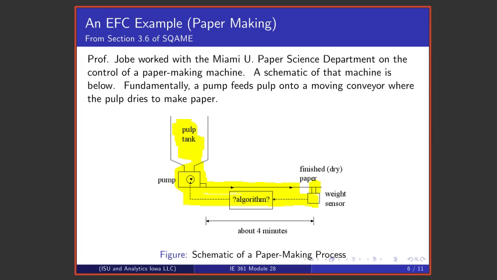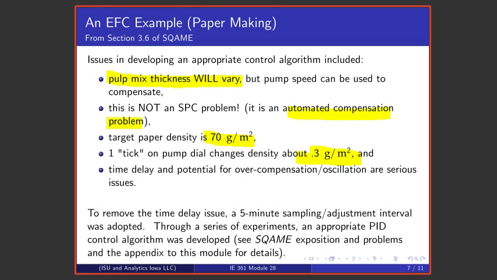A particularly difficult issue here is that there was about a 4-minute delay between the introduction of the pulp onto the conveyor belt and when the paper was weighed, and so any change that is ordered over here only affects paper that is going to get to the weight sensor 4 minutes later, and that time delay creates the potential for overcompensation if I don't take account of it.